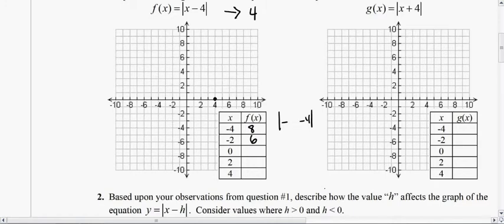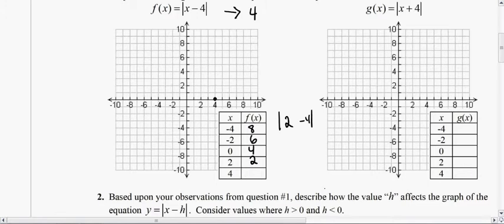0 minus 4 is just negative 4. Absolute value of negative 4 is positive 4. And 2 minus 4 is negative 2. Absolute value of negative 2 is positive 2.